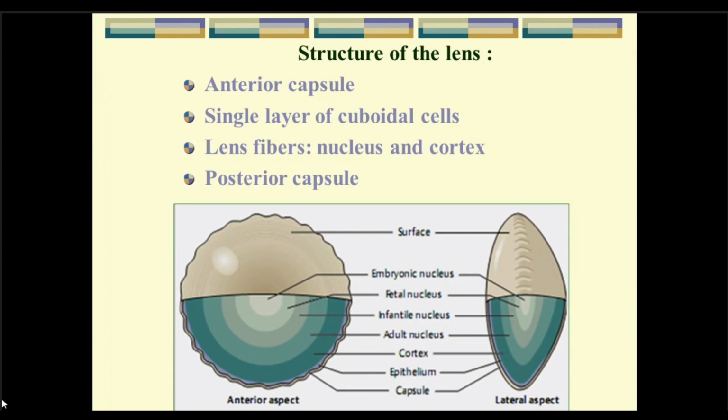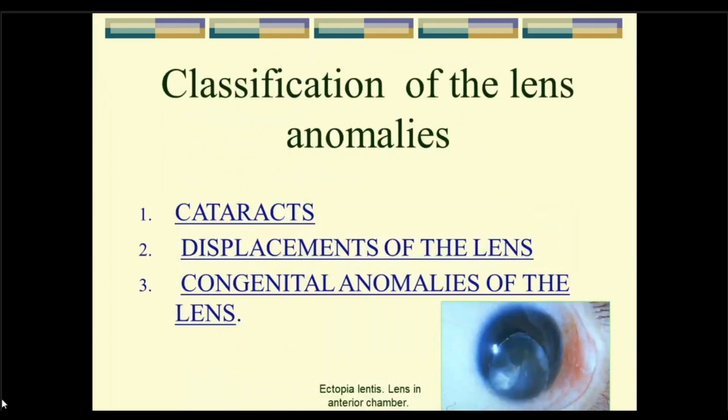The first is the cornea. Its refractive power is near 40. The thickness of the lens is near 4 to 5 millimeters. The lens consists of proteins and water.